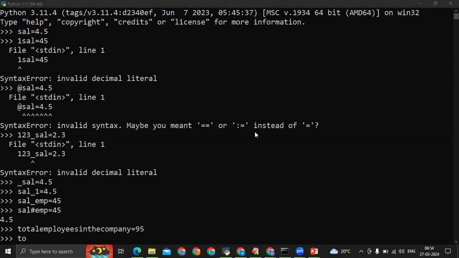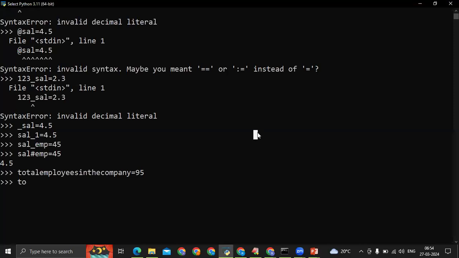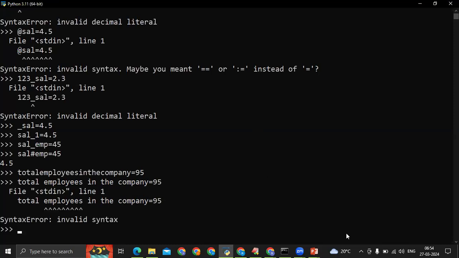But if I write total employees in the company = 95 with spaces, it is not recommended.